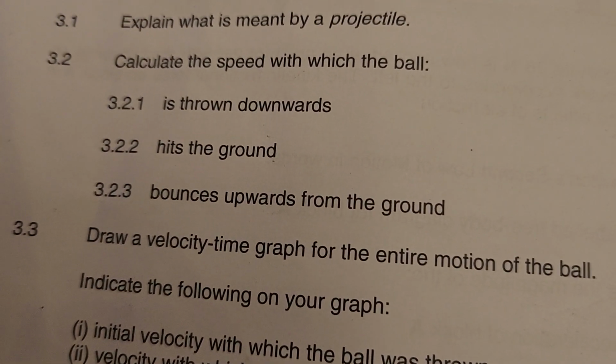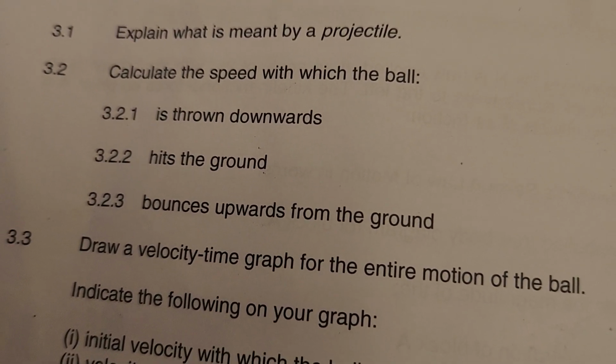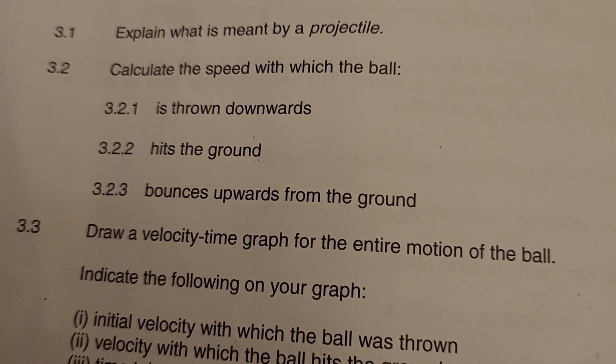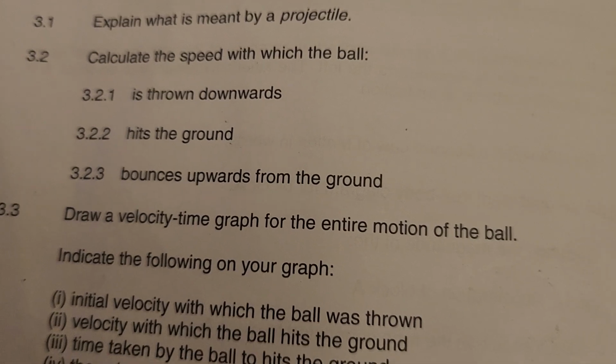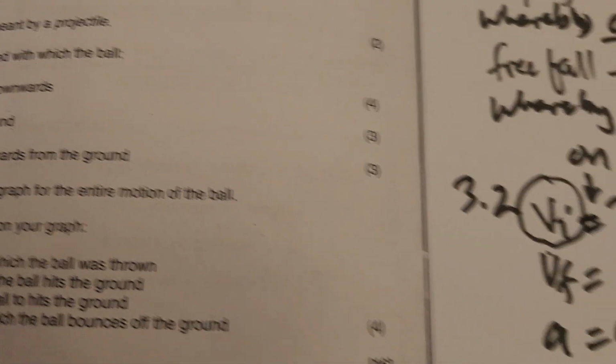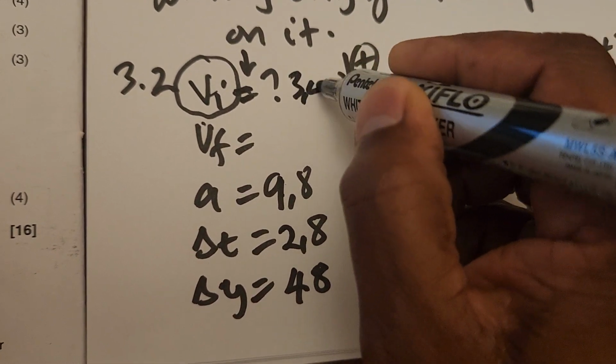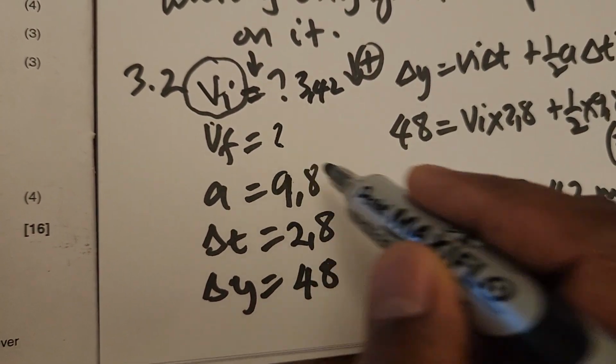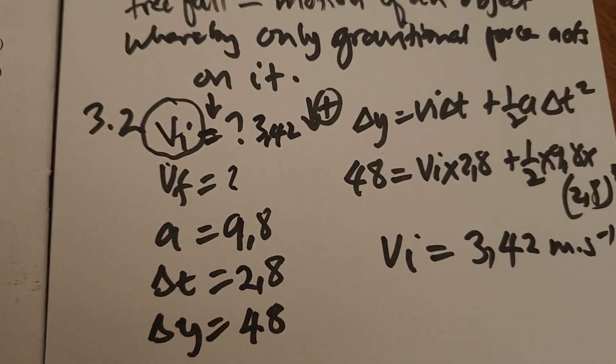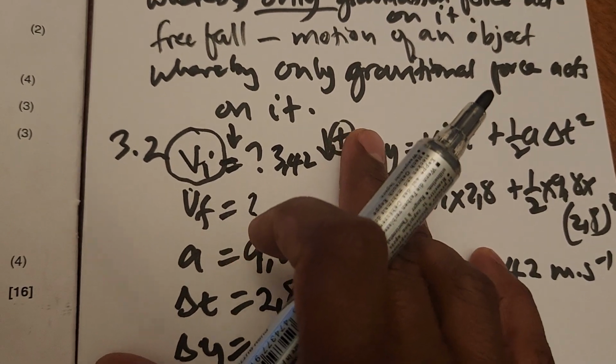Now the second question, they say to us, calculate the speed with which the ball hits the ground. Now I've got this one, which is 3.42. Now I can use any formula with VF, because I know the initial.